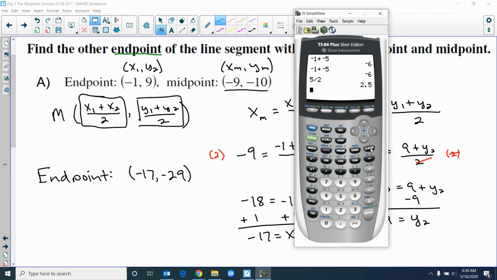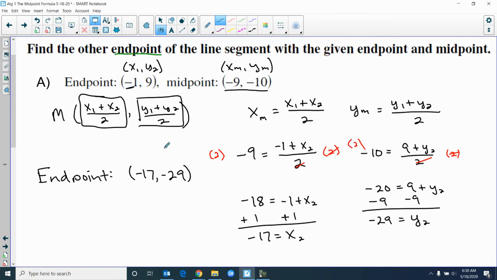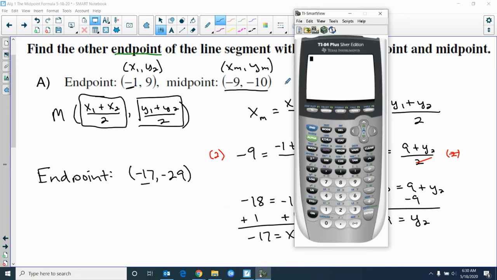Okay, a real quick check: if you take the average of the endpoints, it has to give you the midpoint. So if you take negative 1 plus your new coordinate, negative 17, divided by 2, that's got to give you the midpoint, negative 9. And then if I take 9 plus negative 29, I get negative 20.